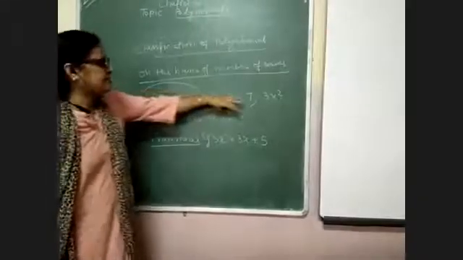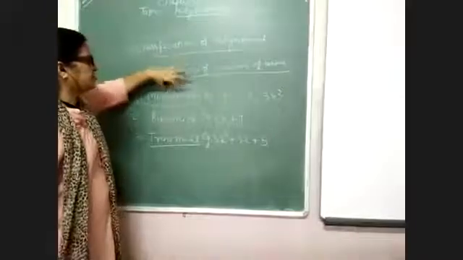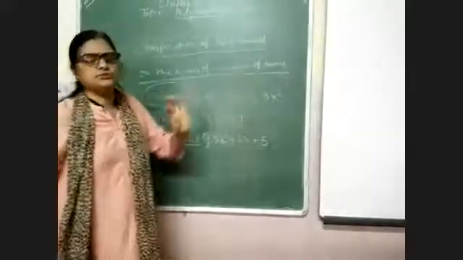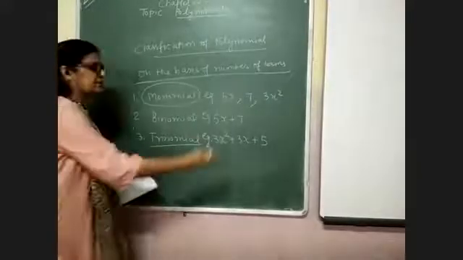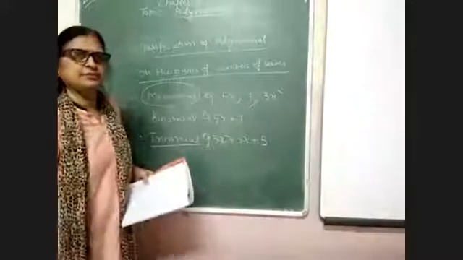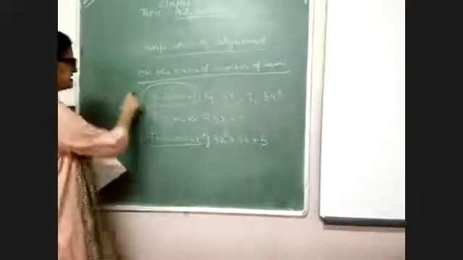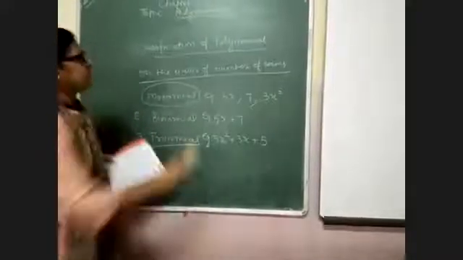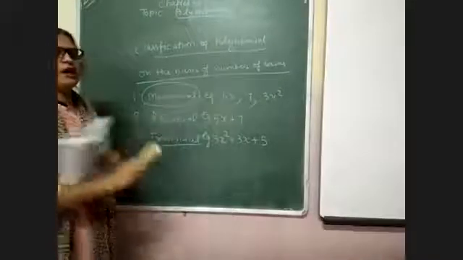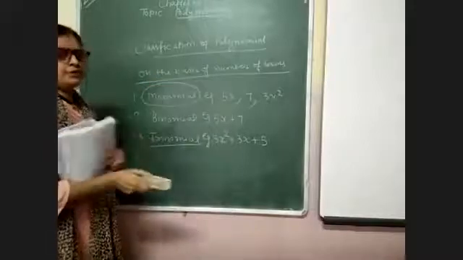This is a binomial because two terms are used. Monomial, only one term is used. Okay. And one more also, multinomial, where three or more terms are used. You can call it multinomial. The main basics are monomial, binomial and trinomial. This is on the basis of the number of terms.